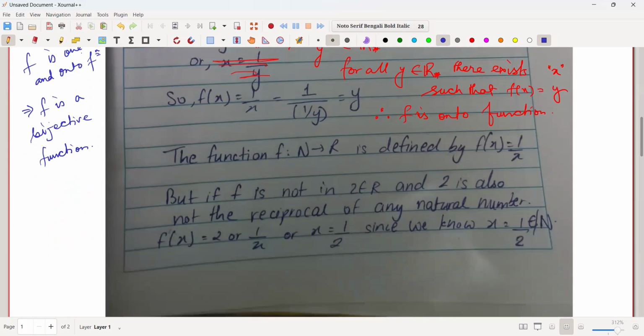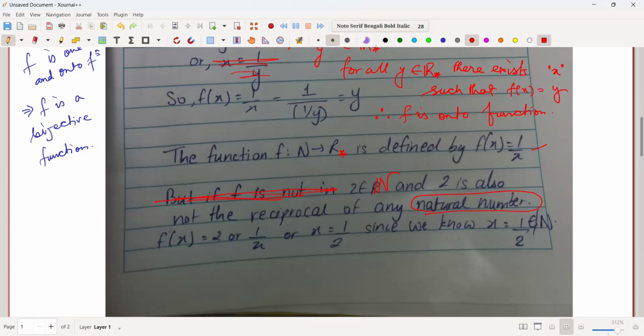Now the function from N to R star is defined by f(x) equal to 1 by x. 2 belongs to R star, and 2 is also not the reciprocal of any natural number.